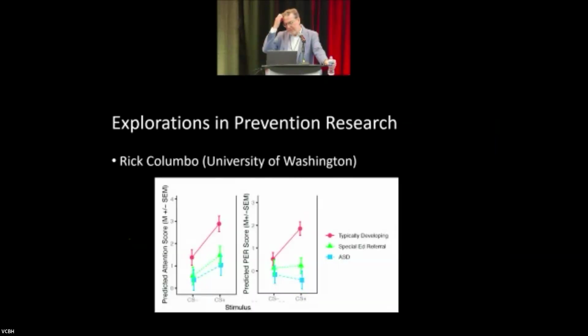So this shows the results with typically developing kids who were in the classroom. This is an inclusive classroom, which also had children who had special education referrals and some children that had autism spectrum disorder. And the graph on the left shows conditioned attention to the CS plus versus the CS minus.